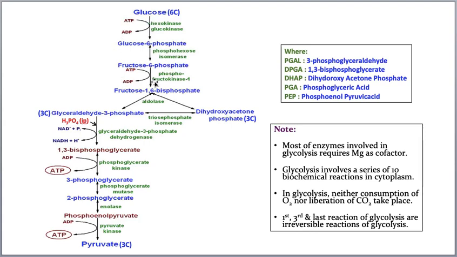2 ATPs are utilized. To understand this, I will tell you a very simple logic. Imagine I wanted to start a business. You know, I'm a very good cook, so I wanted to start a restaurant. To start a restaurant, I took a 2 lakh loan from the bank.